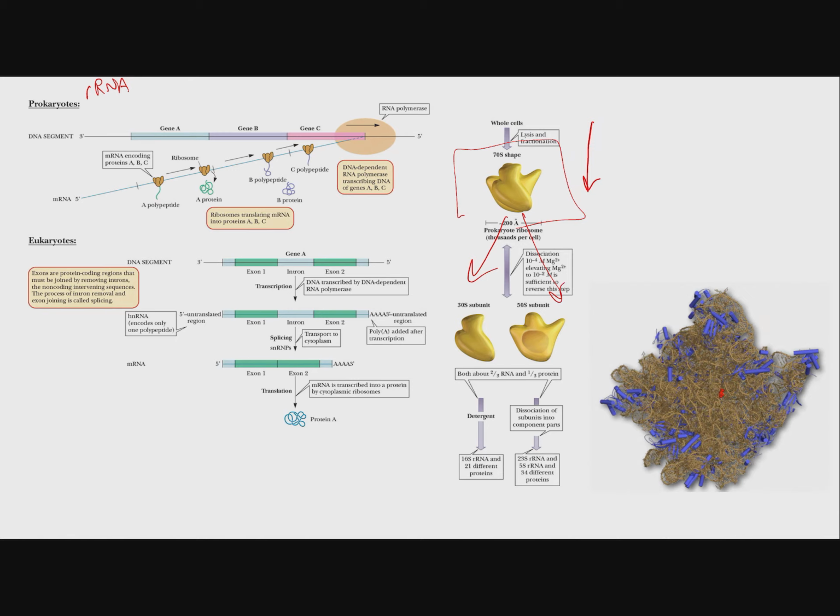It has nothing to do with real math. That has to do with the sedimentation rate or something like that. So these different subunits vary from prokaryotes to eukaryotes. We have different subunits than they have, but most of these ribosomes do come in subunits. Now, one is larger than the other.